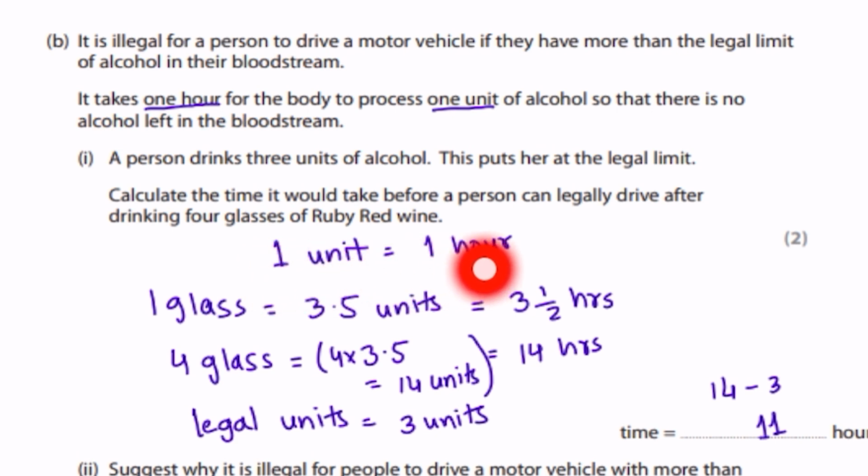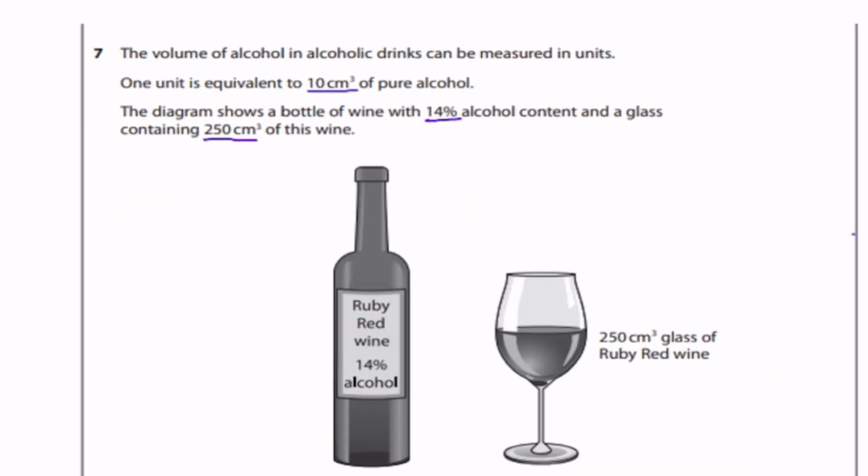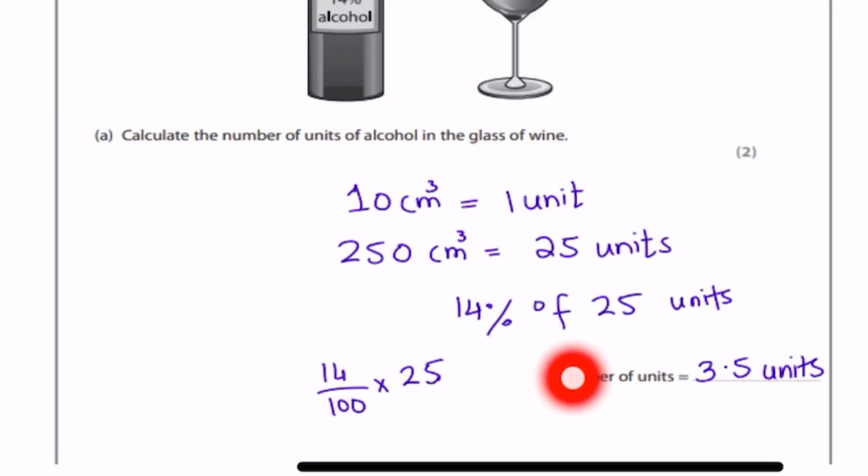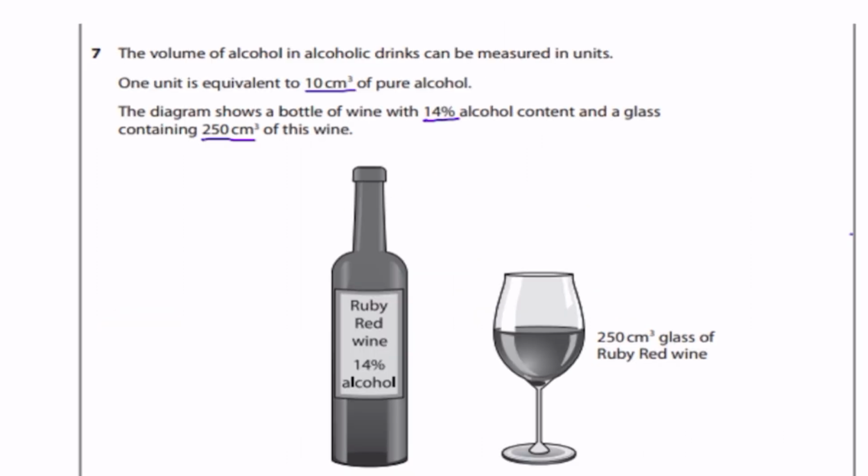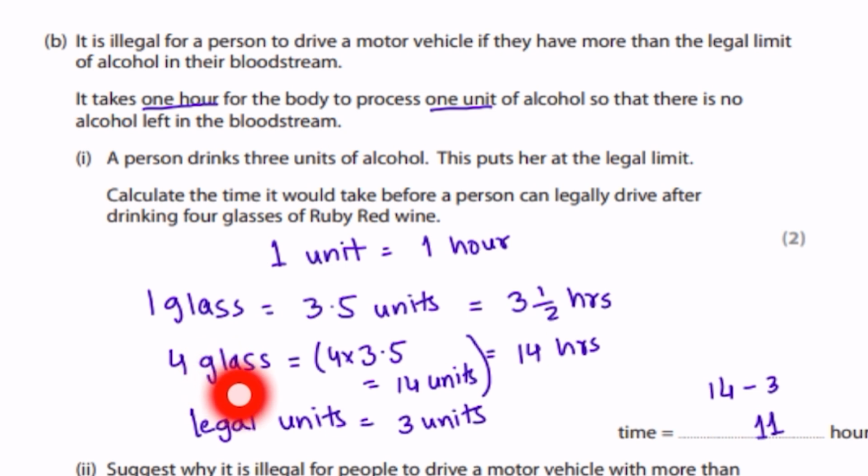So when he is having 3 units, he can drive. He must wait for the alcohol to fall to 3 units. 1 unit takes 1 hour, and 1 glass, we found out, is 3.5 units. He drank 4 glasses. 4 glasses equal 4 times 3.5, which is 14 units. 14 units will take 14 hours to process away.